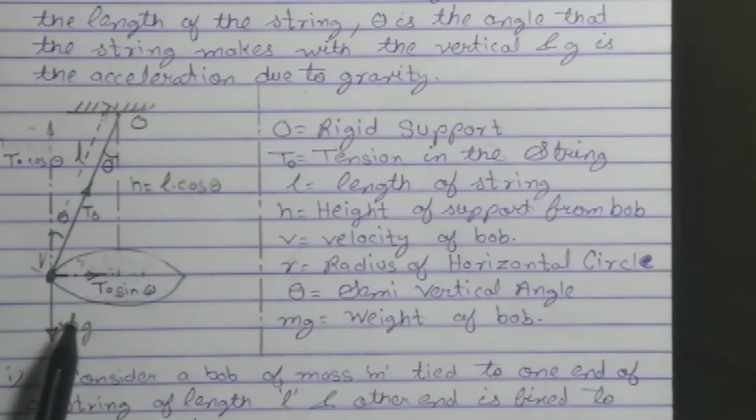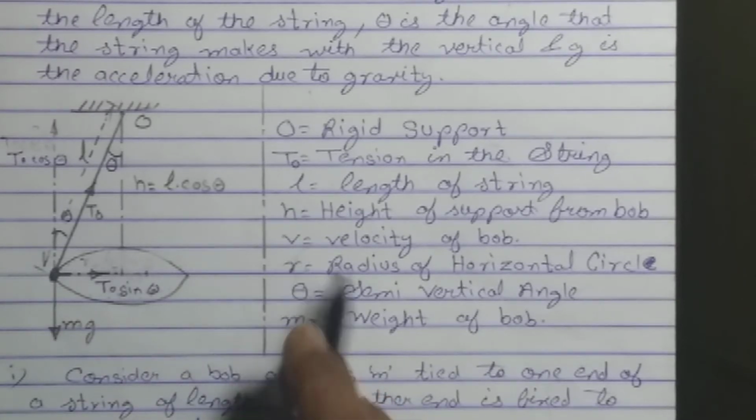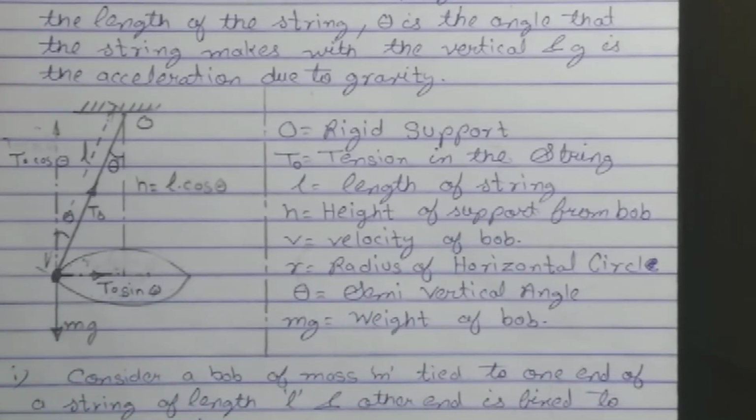The horizontal component T0 sin theta will provide the necessary centripetal force. If the bob is performing uniform circular motion with a linear velocity v, what is the centripetal force? mv square upon r.